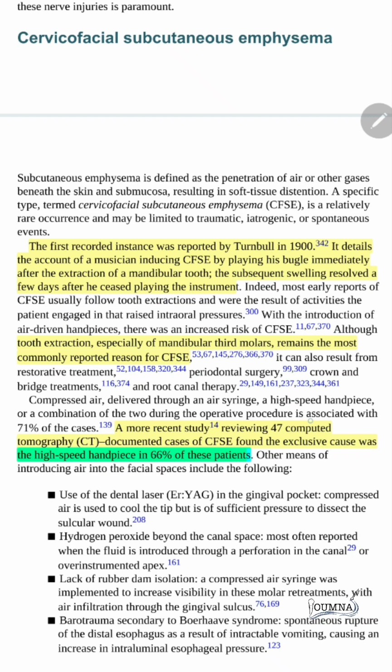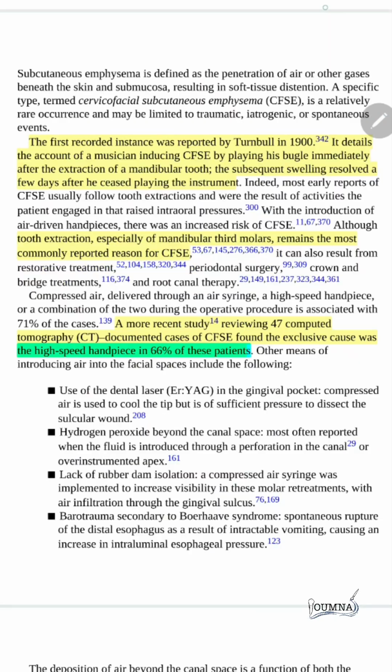Finally, let's talk briefly about emphysema, which is defined as the penetration of air or other gases beneath the skin and the submucosa, resulting in soft tissue distension. The first recorded instance was reported in the 19th century. It details the account of a musician who was playing his bugle immediately after the extraction of a mandibular tooth.